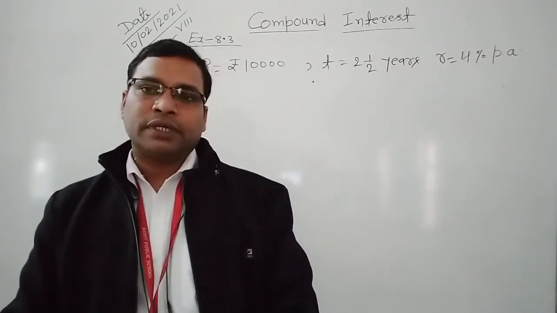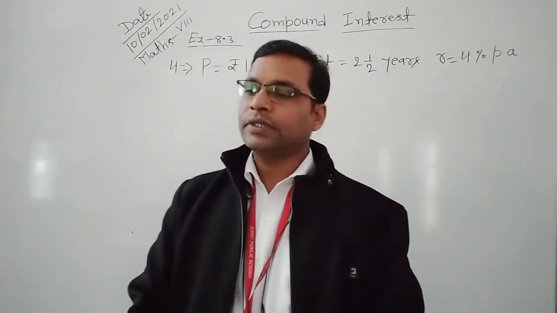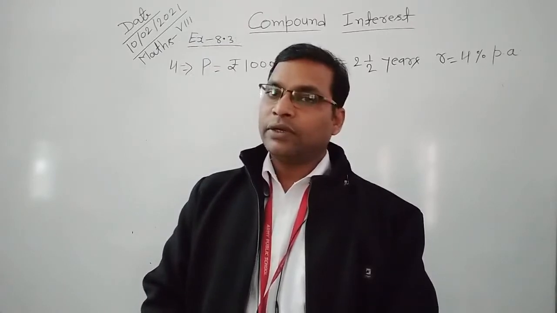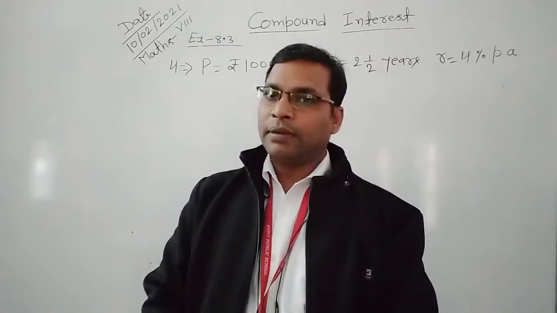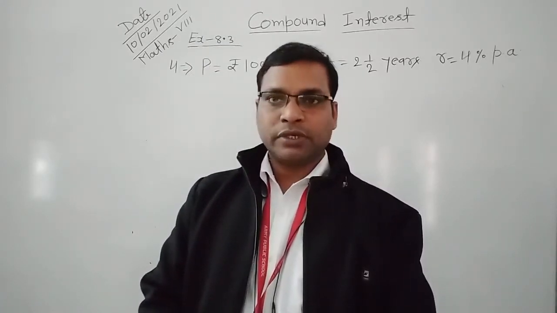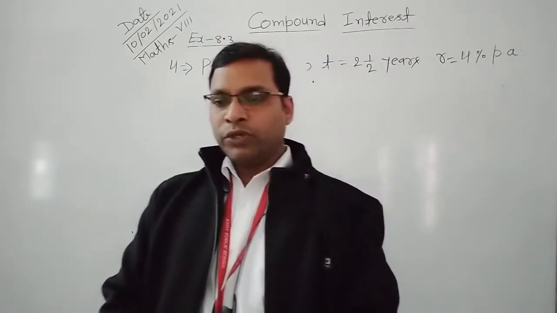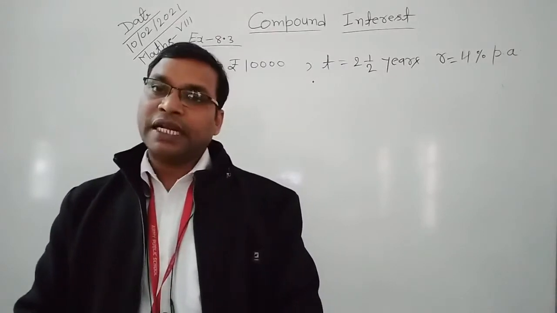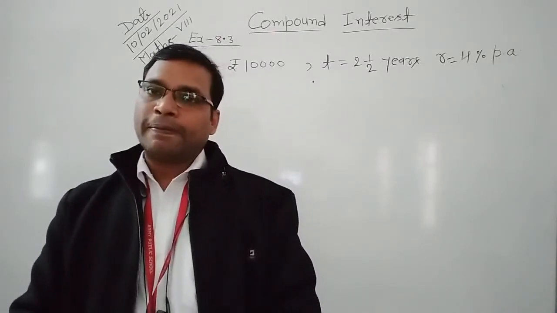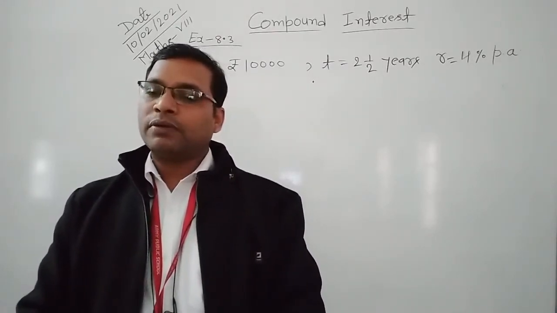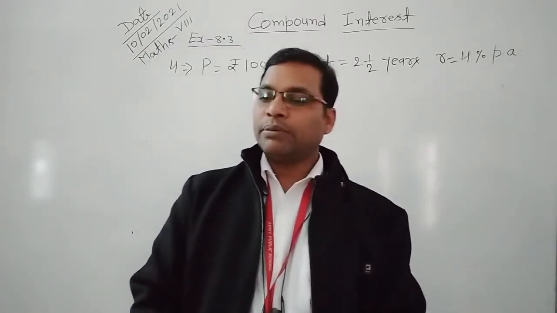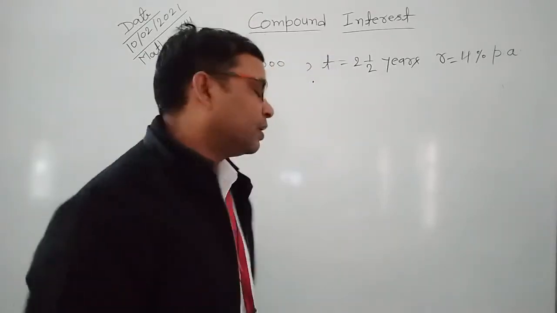And for the interest we subtract the principal from the total amount, then we get the interest. So here we use the alternative method to find the amount at the end of 2.5 years.